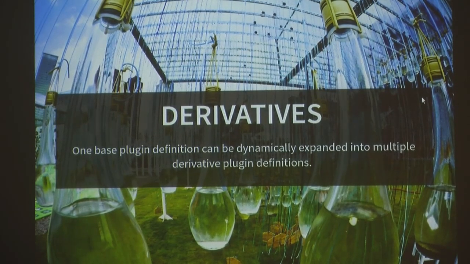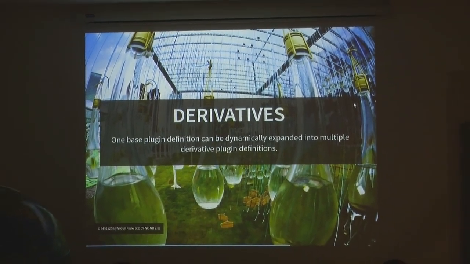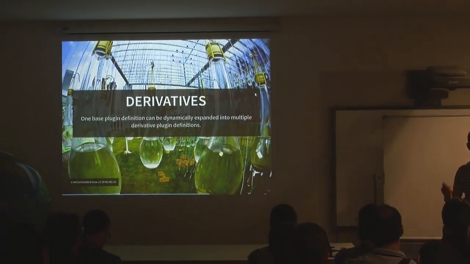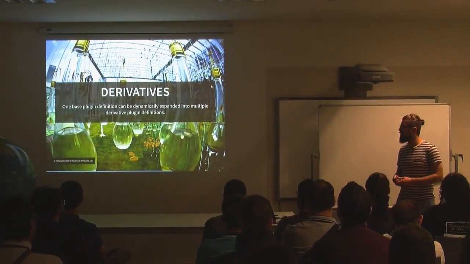So we have a system menu block plugin. And then if you have no menus, the deriver class returns an empty array, no definitions, because there are no menus, so you don't need any blocks for them. If there's one menu, it returns an array with one definition. If there are 5 menus, the array contains 5 definitions.